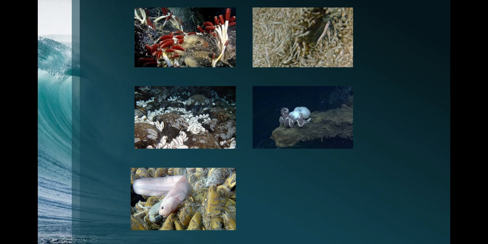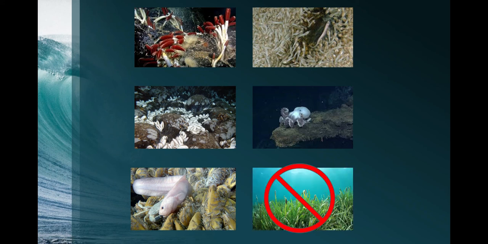But one thing that they did not find, they found no photosynthesizers. And that makes sense because sunlight does not penetrate very deeply into the water. All right, when you get down to the bottom, it's just pitch black. And so there's no sun, there's no solar radiation, there's no solar energy to use as the basis of a food chain.